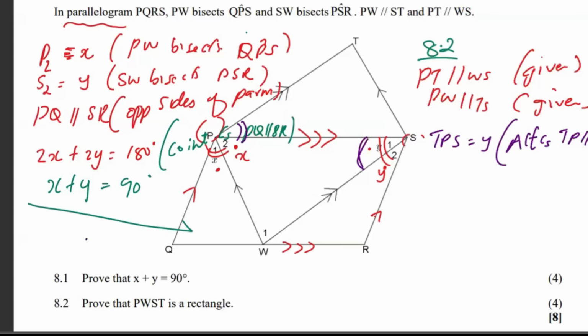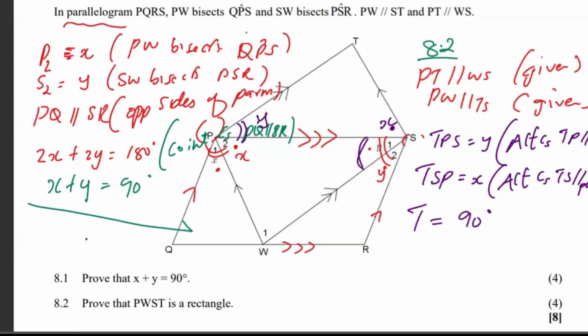And then I can also prove that this is an X. If that is true, I'm going to say that TSP is X. The reason is, we're also going to say alternate angles because TS is parallel to PW. And if that is true, remember we said X plus Y is 90. So T is going to be 90.